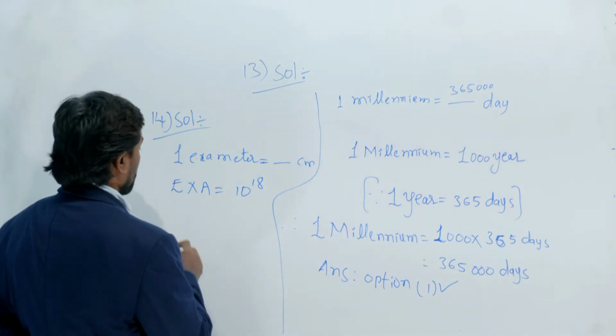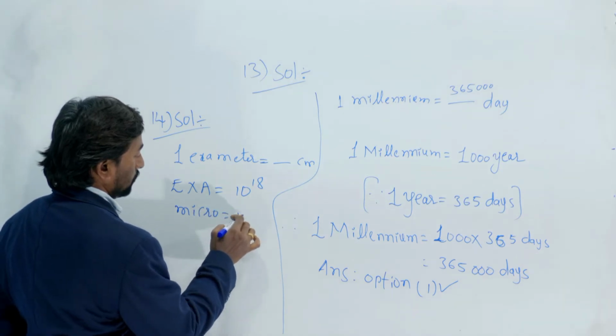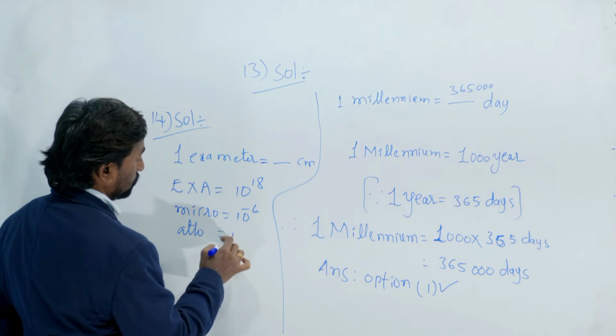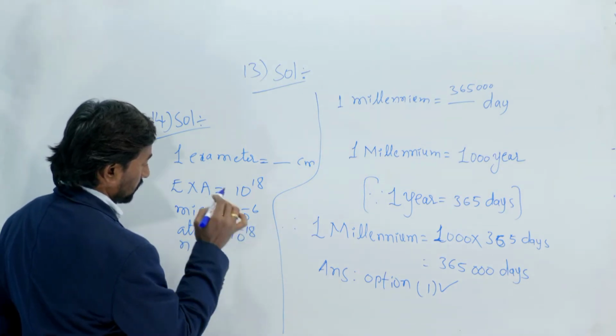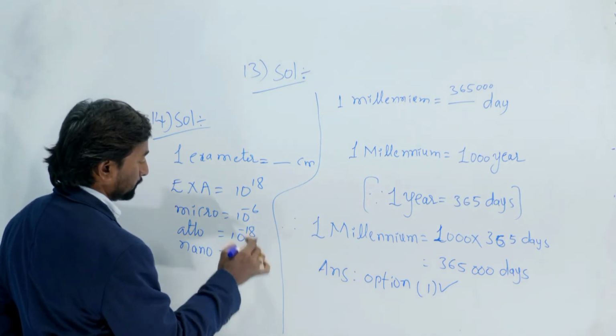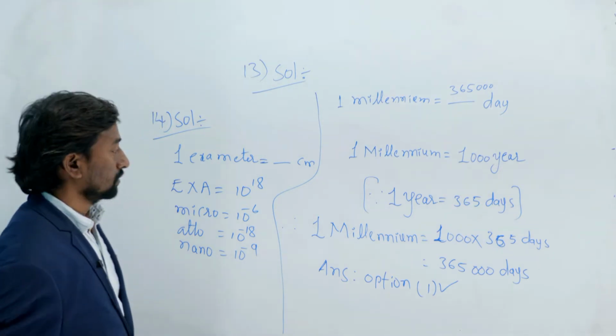Micro is 10 to the power of minus 6, atto is 10 to the power of minus 18, nano is 10 to the power of minus 9, and milli is 10 to the power of minus 3.